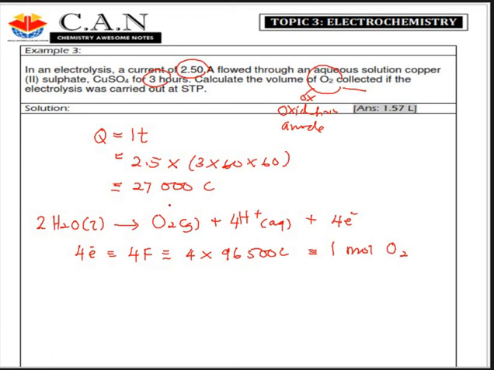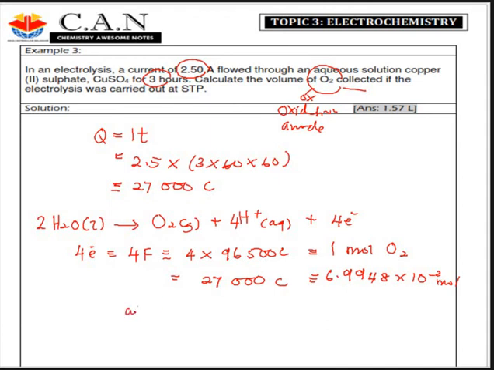So if we have 27,000 coulomb, so how many mole of oxygen gas? So darab sana bahagi dengan sini, 4 kali 96500 tu, you will get 6.9948 times 10 power negative 2 mole of oxygen gas.